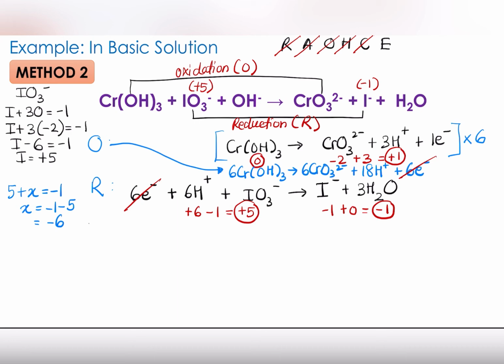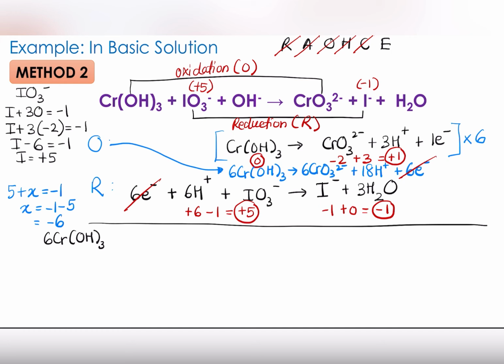So, saya buat garisan. And then, saya nak combine di mana bahagian reactant dahulu. Both oxidation and reduction bahagian reactant. So, I got here 6CrOH3. So, saya tulis 6CrOH3. And then, next one, saya ada 6H+.